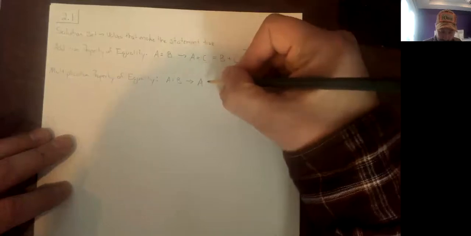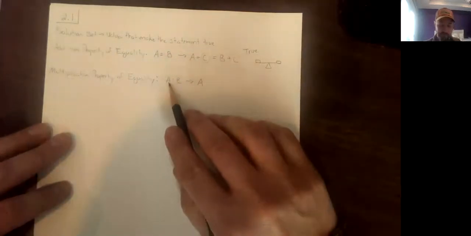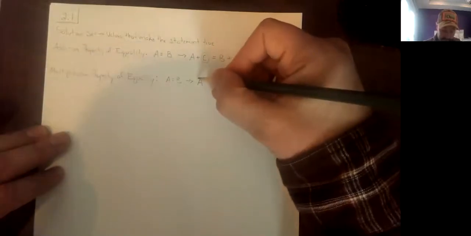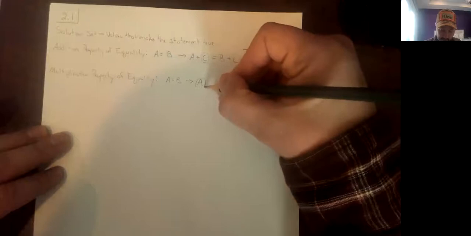So the same is true for the multiplication property of equality, where if you have anything on the left equal to anything on the right, two quantities of any kind that are equal, then if you multiply those quantities by C, they don't use parentheses, but I'm going to go this route.